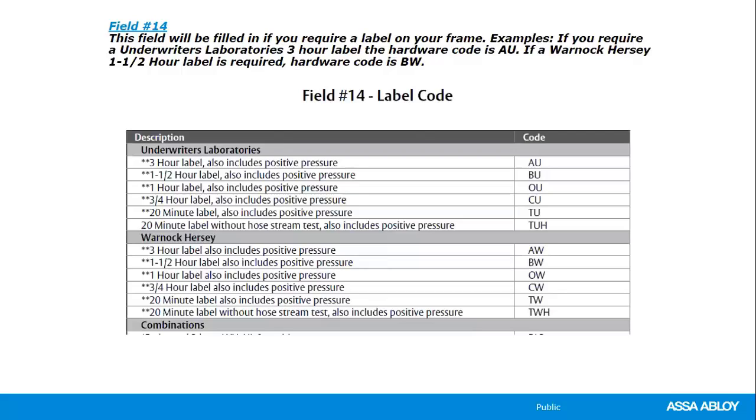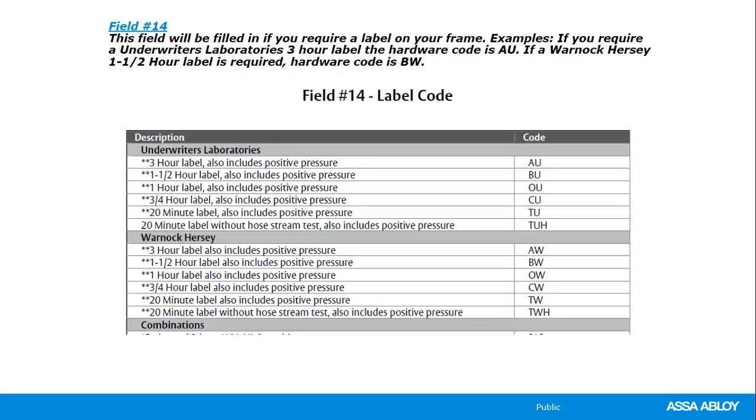Field number 14 gets into your label codes. These are going to be all of your fire rated labels. We do have UL and Warnock labels. We have combinations. We also have what we call a label construction. If you have a product that we have not tested, and for whatever reason the spec calls for some sort of label construction on this material, we can supply that.